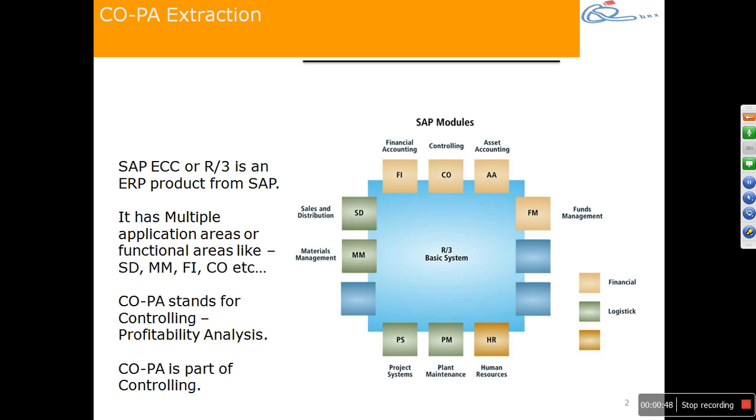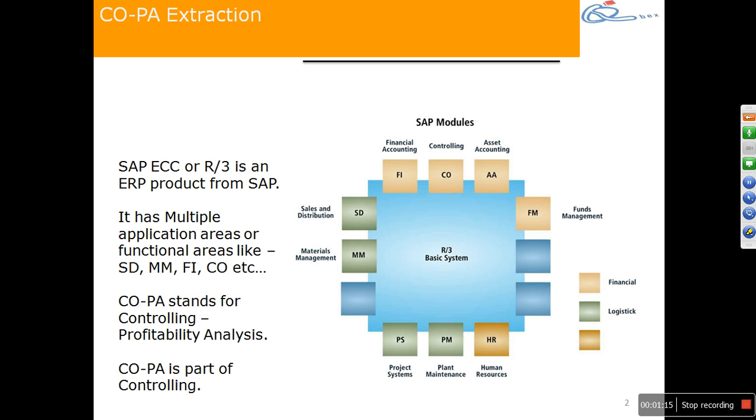Now look at this. I told you, our focus is on extracting data from SAP ECC to BW, and ECC is an ERP product of SAP, and they have categorized it into what? Logistics, accounting, and what? HR. Within financial accounting there will be majorly finance and controlling. FI is for finance and CO is for controlling.